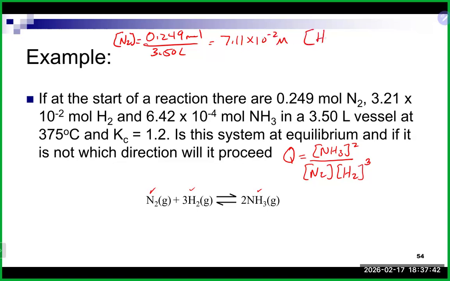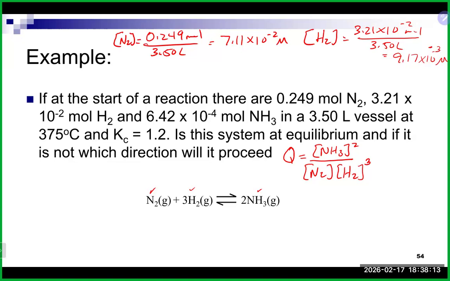Concentration of H2 would be its moles, which is 3.21 times 10 to the negative 2 moles, divided by our 3.50 liters. Make sure you are using your exponent button. 3.21 times 10 to the negative 2 divided by 3.5 is 9.17 times 10 to the minus 3 molar.